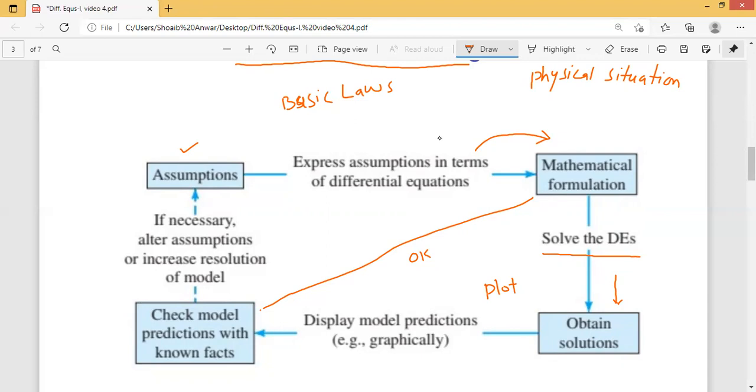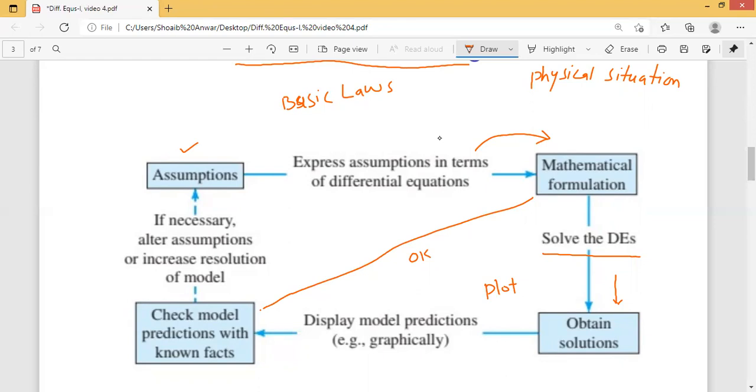If our mathematical solution and the known facts don't match each other up to a certain limit with negligible error, that is, if the error is more, then we will alter our assumptions or increase the resolution of our model.